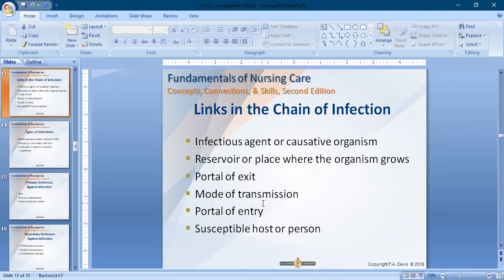Not only this, there are some risk factors. There are some risk factors that can also cause the infection to spread. The risk factors mean immunocompromised immunity or chronic or acute disease, poor personal and hand hygiene. If you do not know how to wash the hand, poor hand washing also increases the chance of infection spreading.